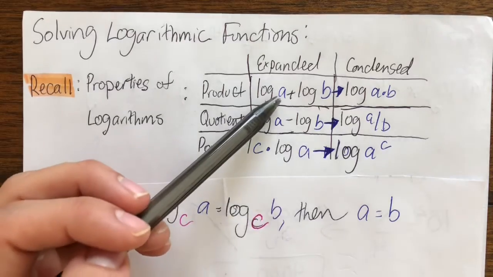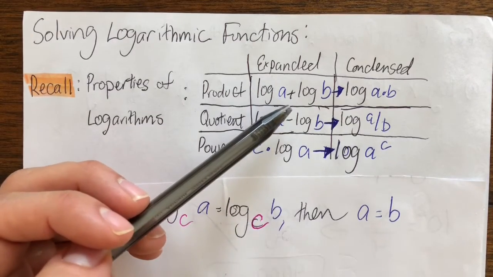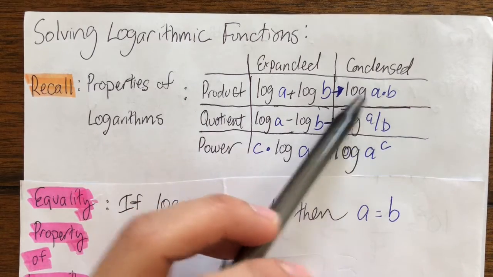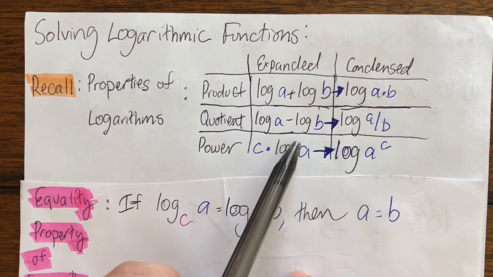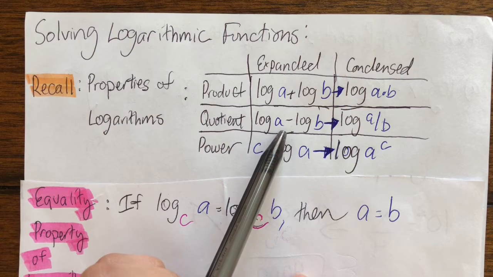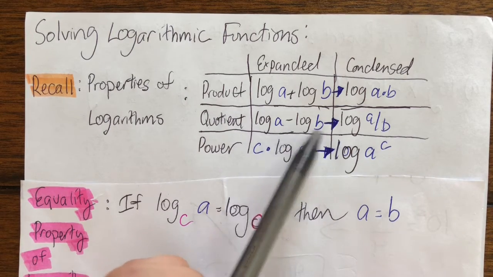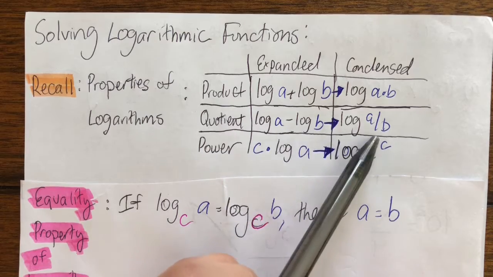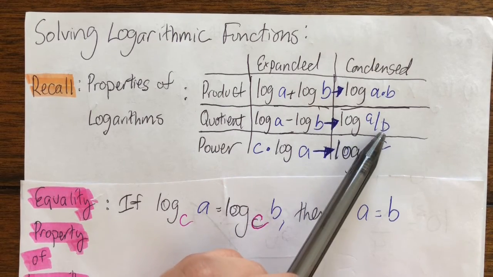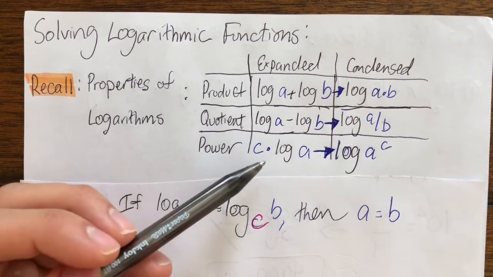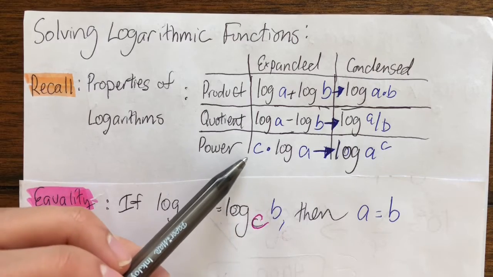So let's say we're adding 2 logs. If we want to condense it, then we multiply the 2 outputs for the product property. For the quotient property, if there were 2 logs being subtracted, then I could rewrite this as a log of a quotient, a divided by b. The power is where we have a number in front of the log.